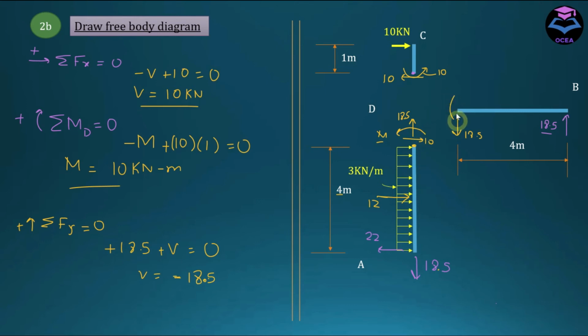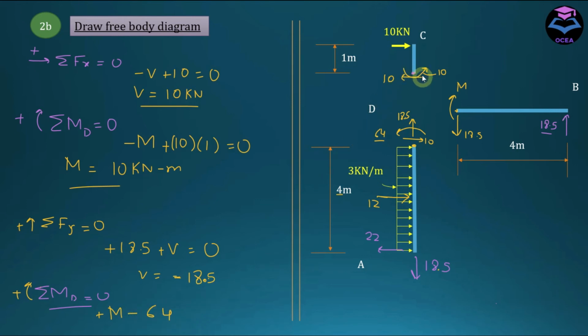Similarly, for moment, let's take clockwise as positive at this section and apply summation of moment at D joint. Take clockwise moment as positive. This M is acting in clockwise direction. And we have this moment 64 at this point, which is acting in counterclockwise direction, so this is going to be negative.